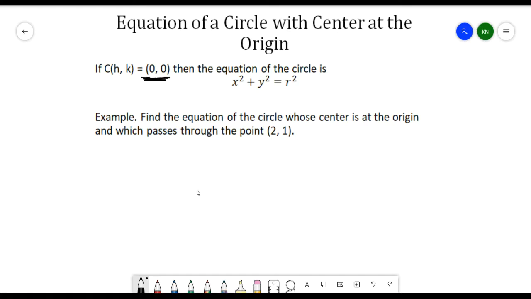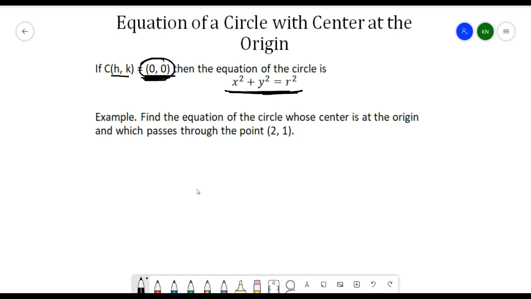Now we will be talking about the equation of a circle with center at the origin. So if the center h, k is equivalent to 0, 0, then the equation of the circle is x squared plus y squared is equal to r squared. So this is now the equation of our circle if the center is at the origin.